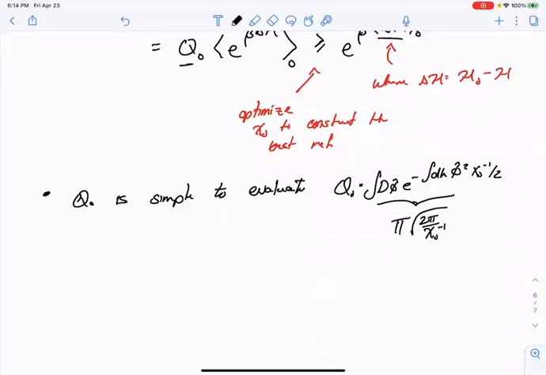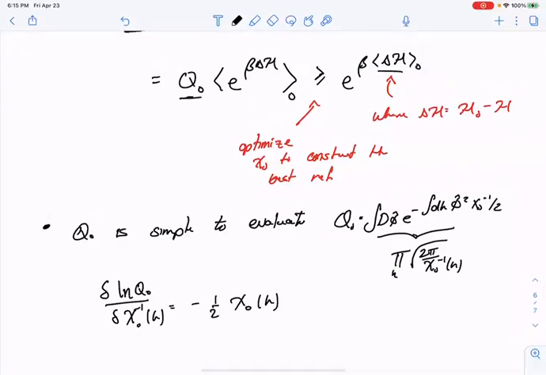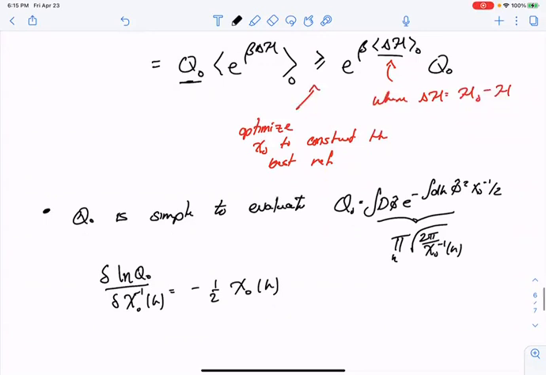It's just the normalization, the product over K of the normalization of the Gaussian field. The functional derivative of log of Q0 with respect to chi-naught inverse at K is thus just minus 1/2 chi-naught of K. So that's this term, that term.